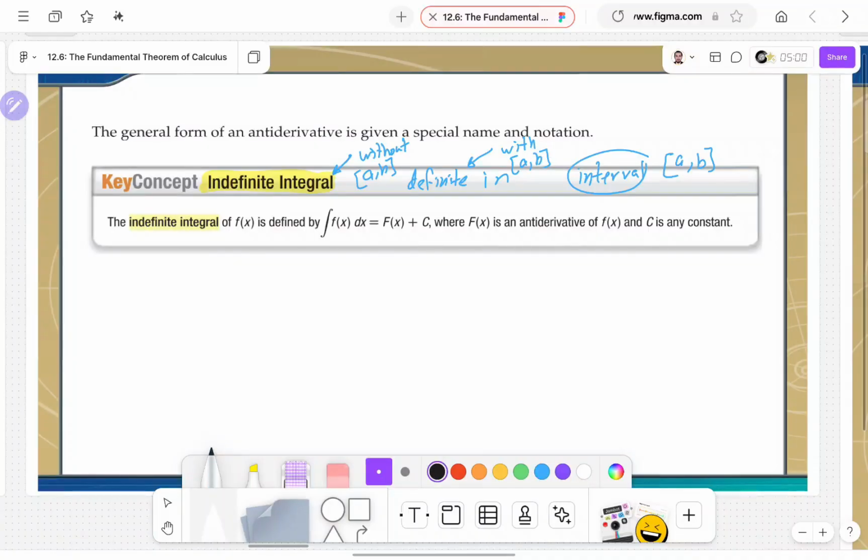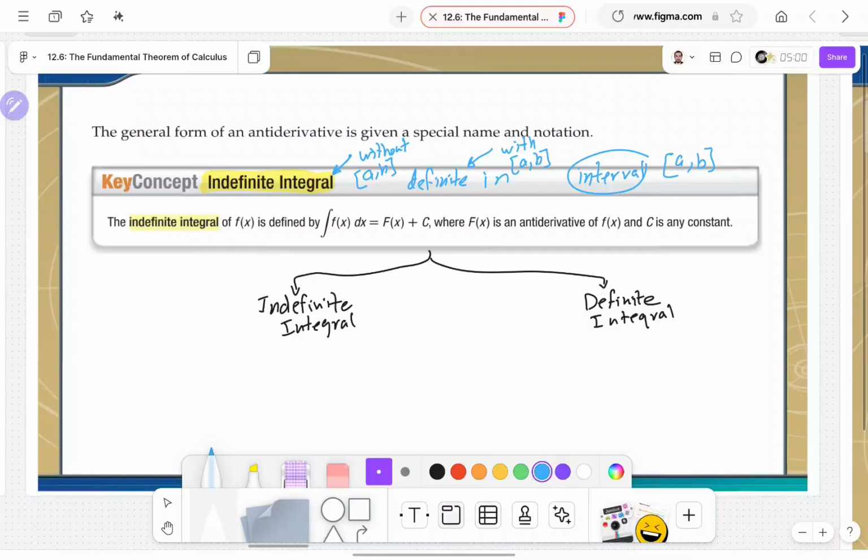So let me put a small map here for you to summarize it. The first one is the indefinite integral, and we have the definite integral.